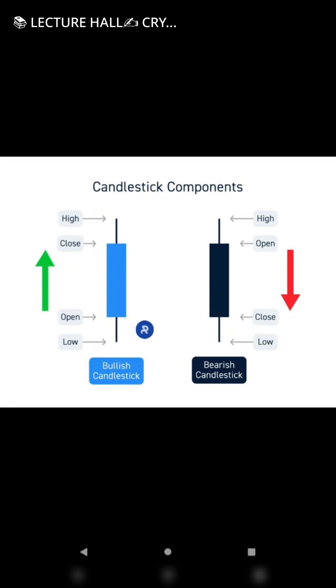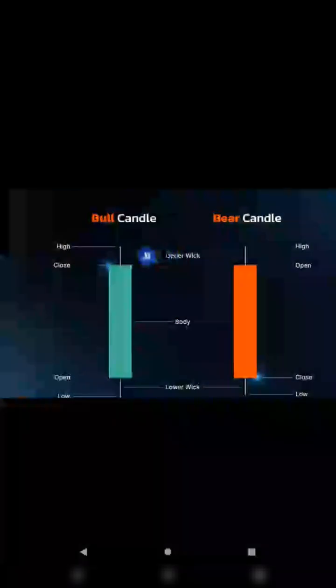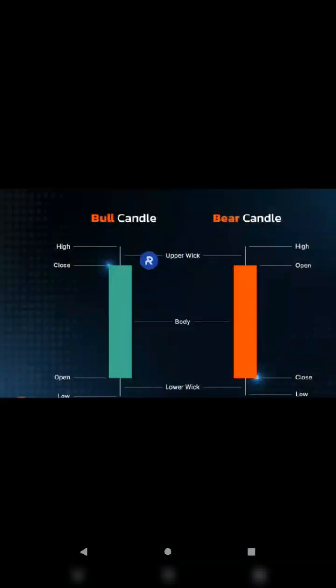Okay, beautiful. And that whole thing, that stick over here is called the upper wick. The whole stick like a candlestick, you have a thread, that thing is called the upper wick or shadow, but I call it wick, W-I-C-K.